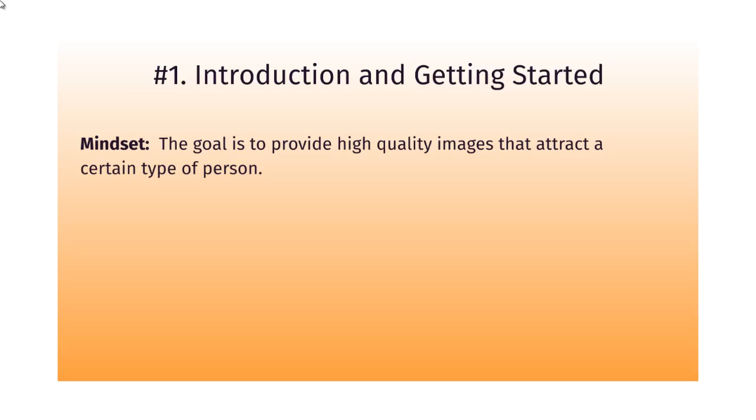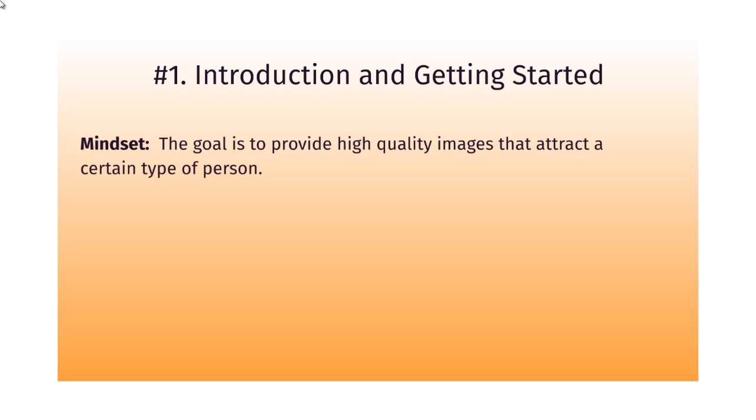The reason is that you're going to have an image that shows up on Google Image Search, and people are going to click on the ones that best fit that keyword. So you want to make sure that you have a high quality image that attracts a certain type of person.